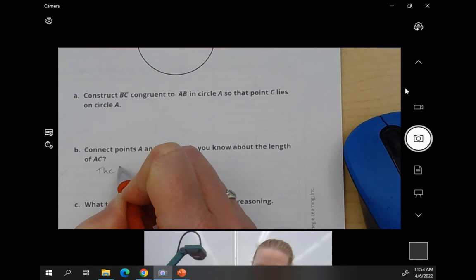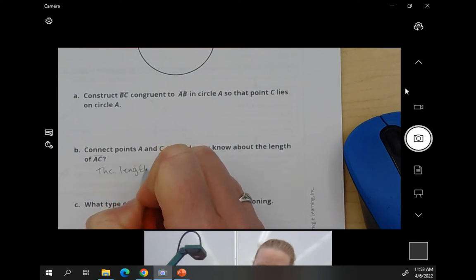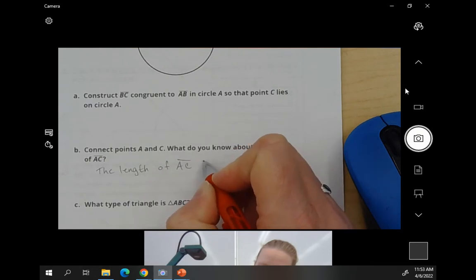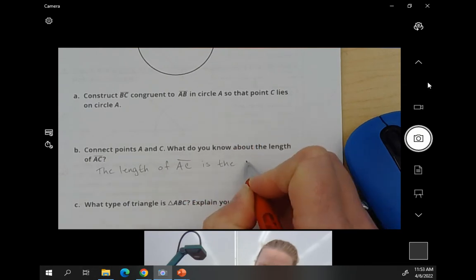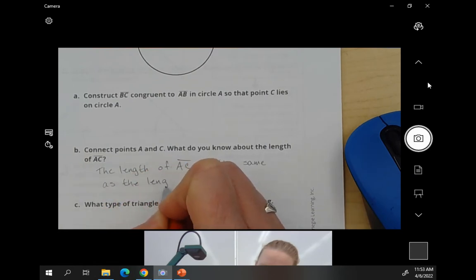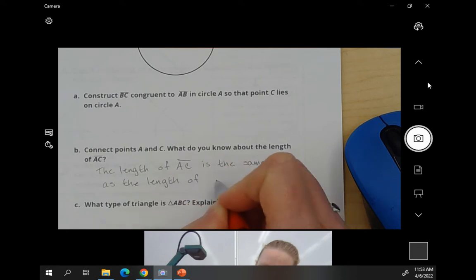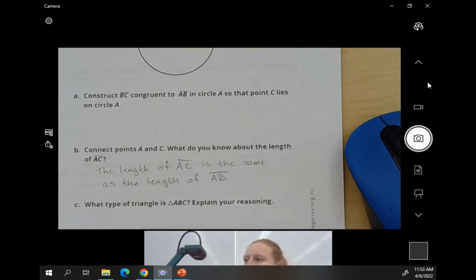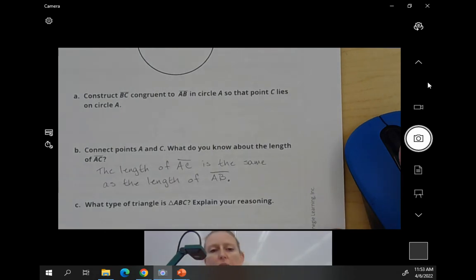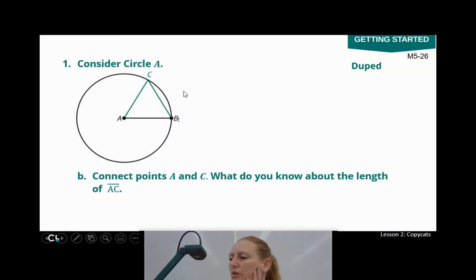The length of AC is the same as the length of AB. So now I have a triangle, don't I?